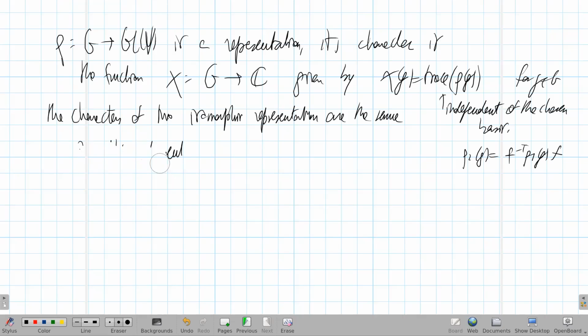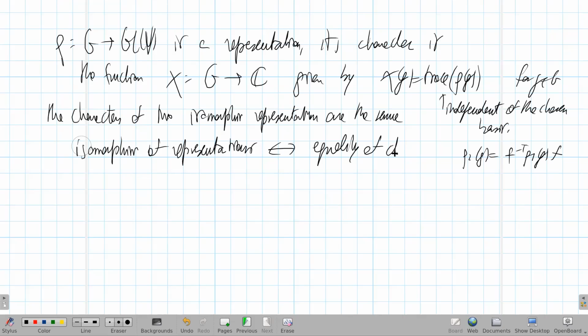Let's put it in a different way. On the one hand, you have the concept of isomorphism of representations. So two representations could be different, but be isomorphic. We'll have examples later. And this corresponds to equality of characters.